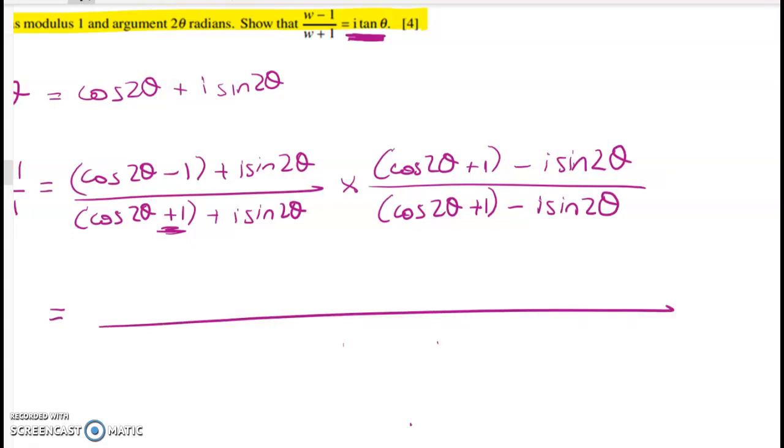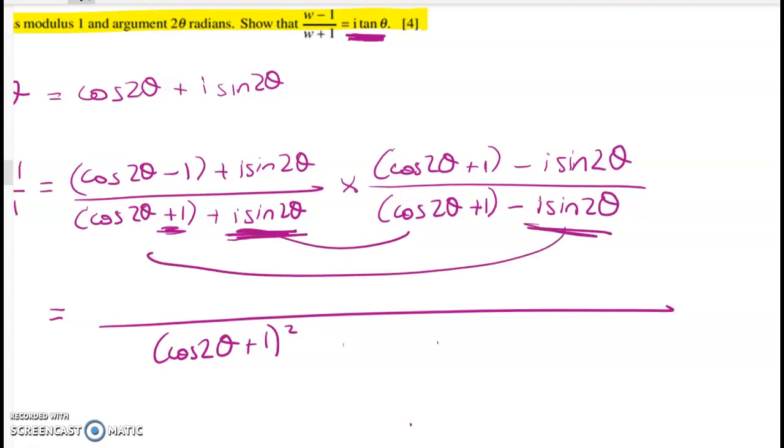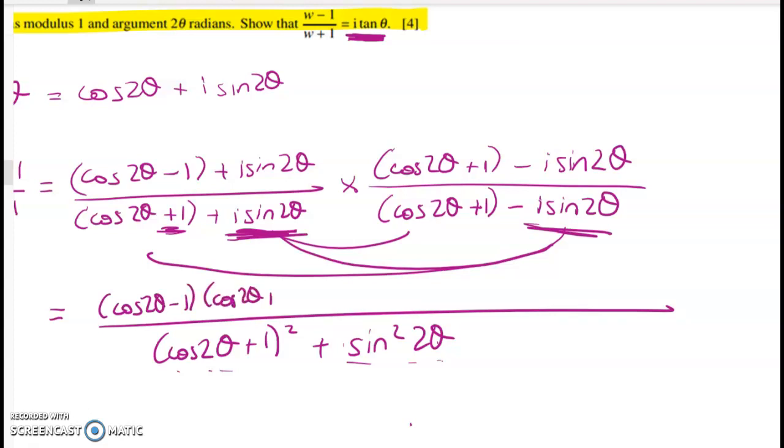Right, so in the denominator, we get pretty cleanly cos of 2 theta plus 1 squared, and then these go with this as usual, and then we have minus i squared, so plus sine squared 2 theta. And you know that some of this is going to go with this, and so on, right? And then in the numerator, we get a difference of 2 squares, so cos 2 theta minus 1 times cos 2 theta plus 1, plus i sine 2 theta into cos 2 theta plus 1.